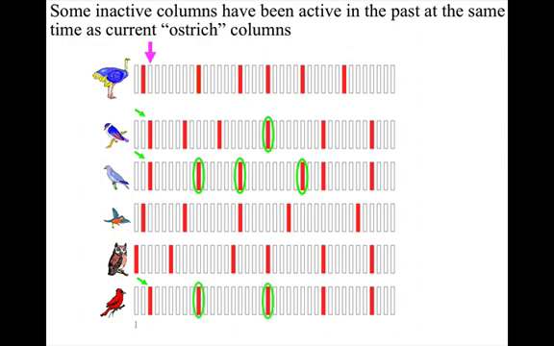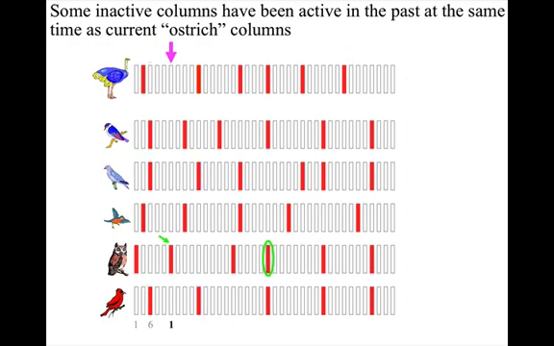And in that bottom experience, it was active at the same time as 2 of the currently active ostrich columns. So that's a total of 6 sources of recommendation in favour of indirect activation of the column indicated in purple on the basis of past activity simultaneous with the currently active columns.